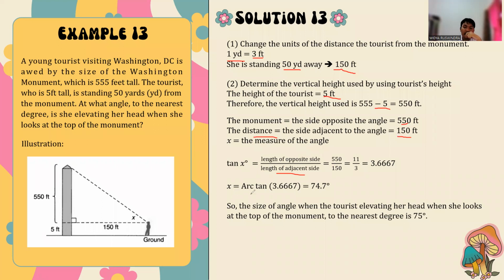So x is equal to arctangent of 3.6667, which is equal to 74.7 degrees. So the size of the angle when the tourist elevates her head when she looks at the top of the monument, to the nearest degree, is 75 degrees.